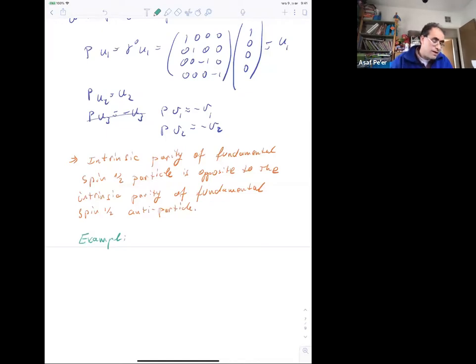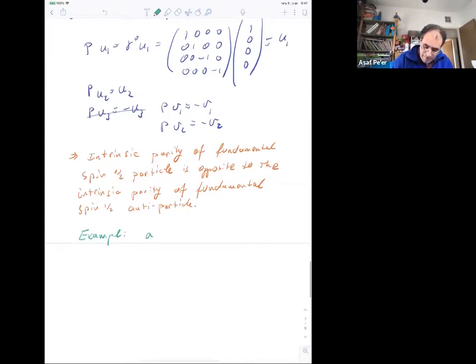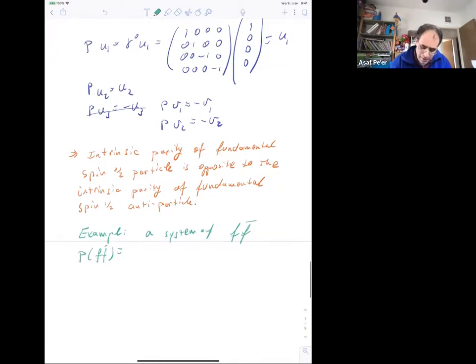So if we have a system of a fermion and an anti-fermion, meson, quark and anti-quark, since we have opposite intrinsic parity, then it must be a -1.